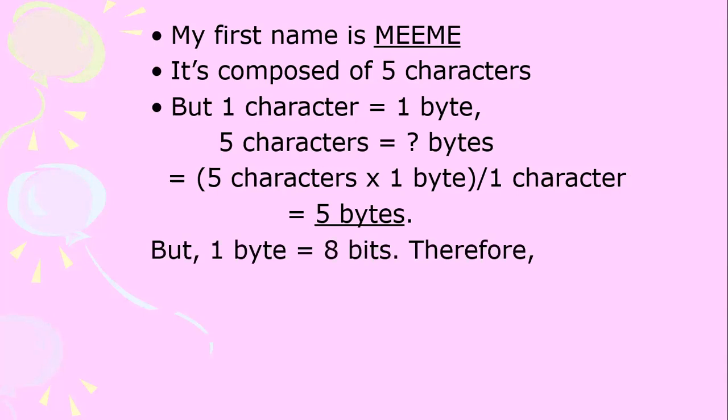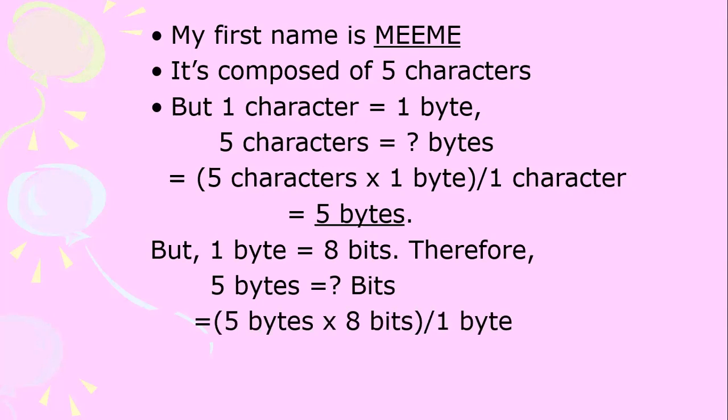However, we have already said that 1 byte is equal to 8 bits. So, how many bits will be formed from our 5 bytes? Therefore, 5 bytes will be equal to how many bits? It is 5 bytes times 8 bits divided by 1 byte.